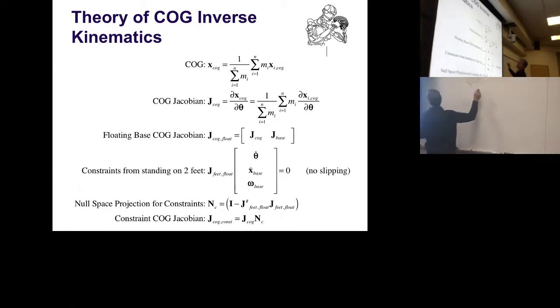It is the sum of the COGs of all individual links, weighted by their mass and then normalized by the sum of mass. That's the generic definition of a center of gravity. Now, if you want the Jacobian of this, you just have to take the derivative with respect to theta, and you get the Jacobian. That means you get a d theta of this, since the mass is not dependent on the joint angles. It's a constant.